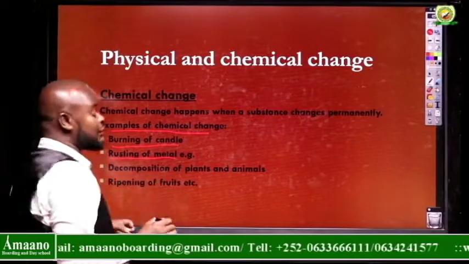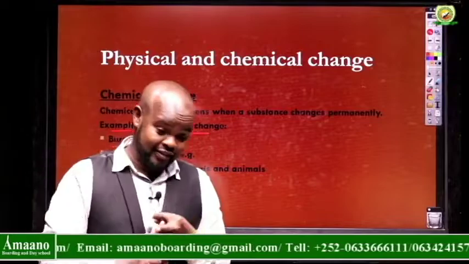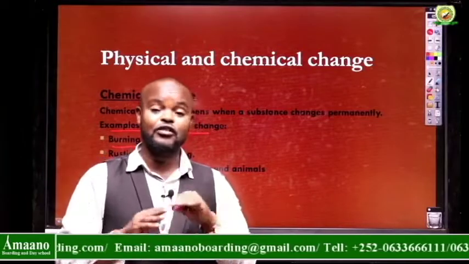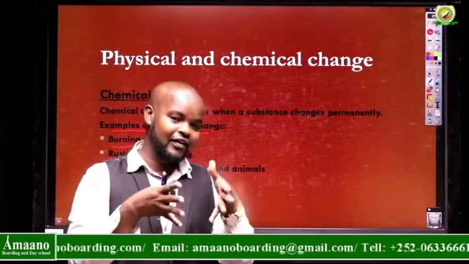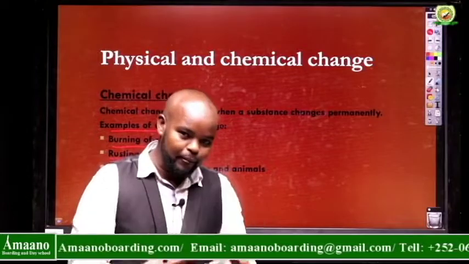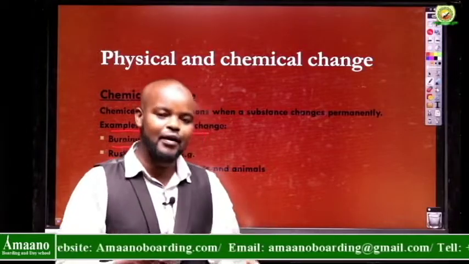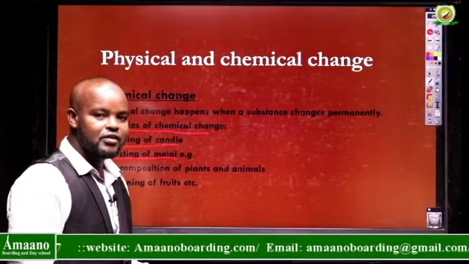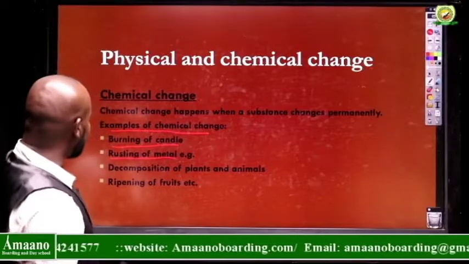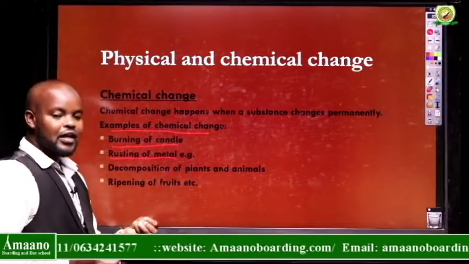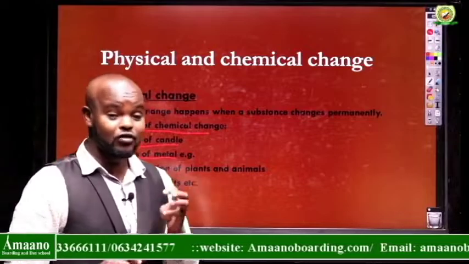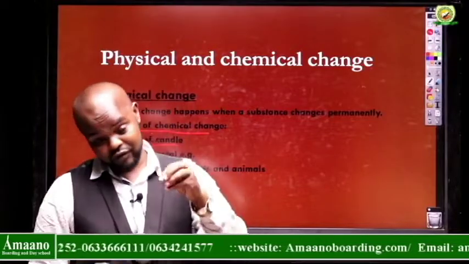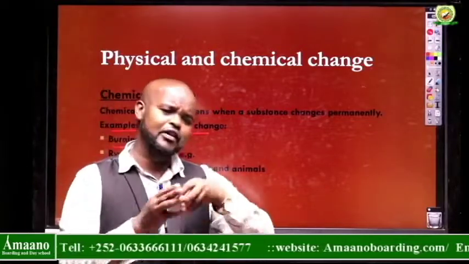Decomposition of plants and animals. When animals and plants die and they remain on top of the soil for some time, the bacteria that live in the soil decompose them and break them down into smaller pieces, and later on you will not see the remains of that given animal. Ripening of fruits. When the fruit is not ripened, first of all it starts from the ovary and then it becomes a fruit.